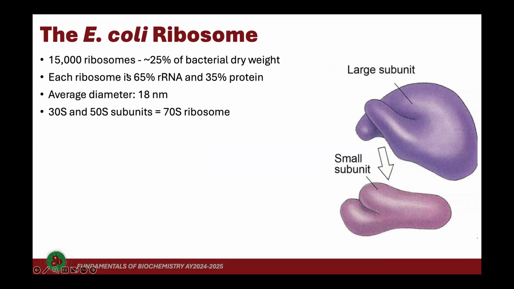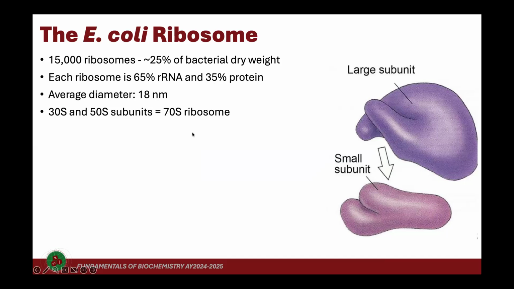So it's an assembly not just of protein molecules, but also RNA molecules. And more interestingly, you have a higher percentage of RNA molecules than protein molecules in your ribosomes. So the average diameter is 18 nanometers. That is quite big. That is why they can easily be viewed under the microscope.